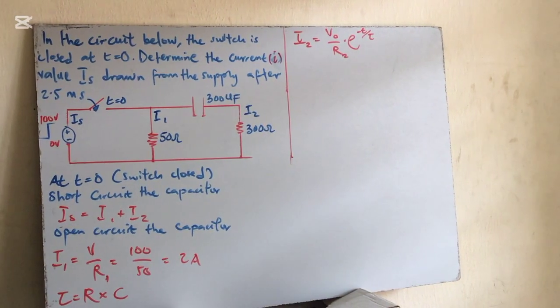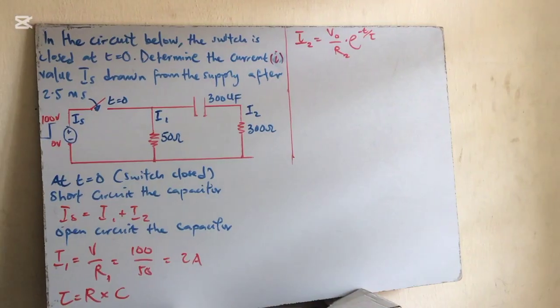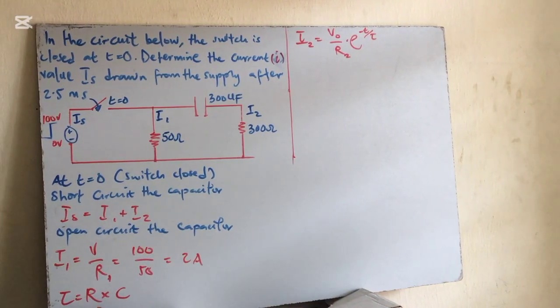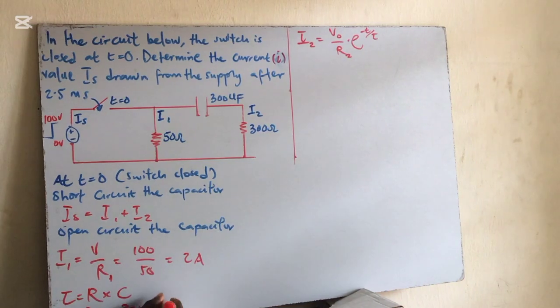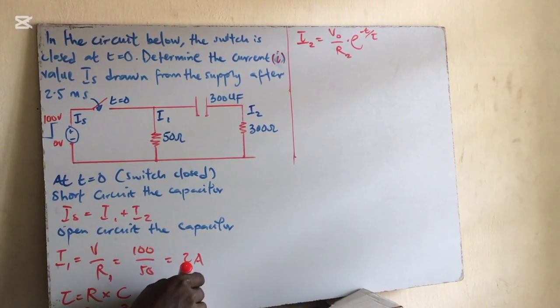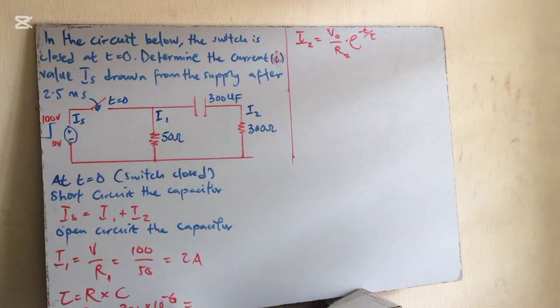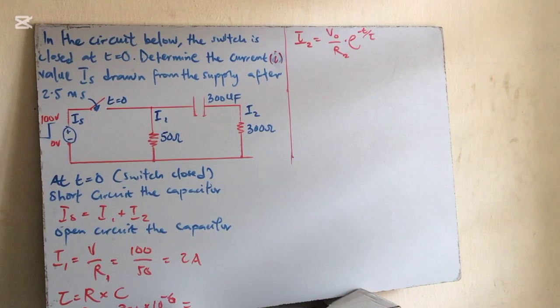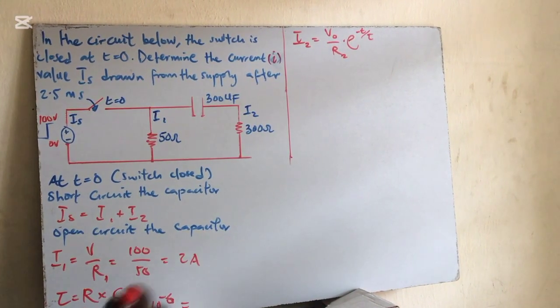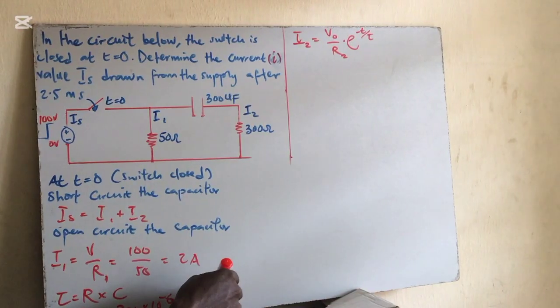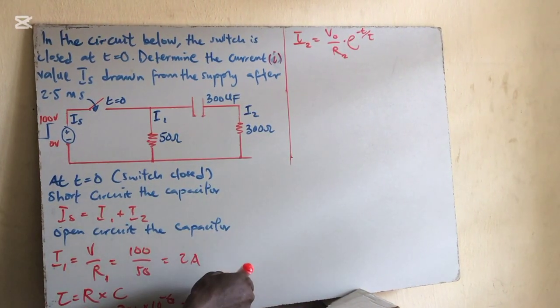So we can just write 300 multiplied by 300 times 10 raised to the power minus 6. So let's see what that gives us. When you place that on your calculator, you are going to have 0.09 seconds. So now this is the tau.